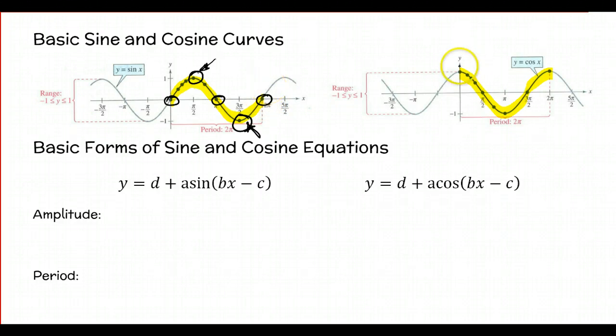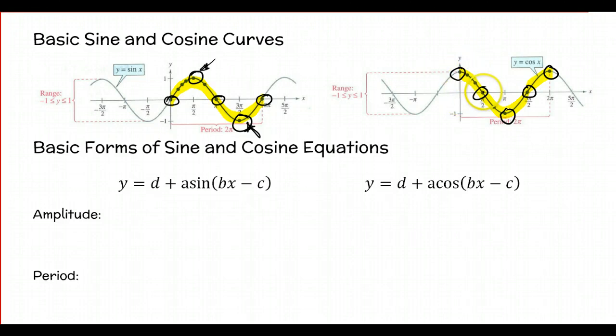So if we look at these important spots here for cosine, we start at a maximum, then an intercept, down at the bottom here, back at an intercept, and then back at a maximum. If we look at these 5 points again with respect to the unit circle, at 0 radians, our cosine, our x-coordinate, is 1.